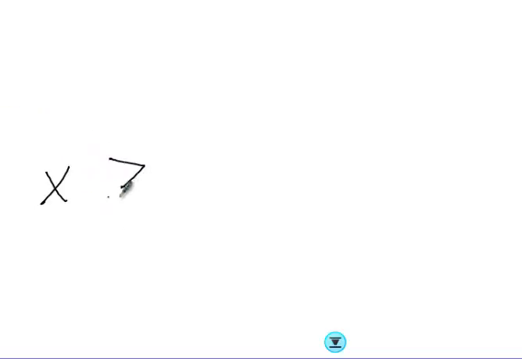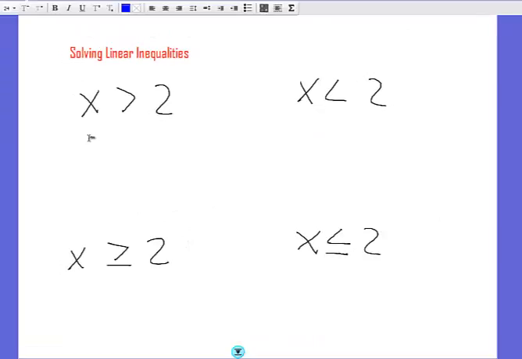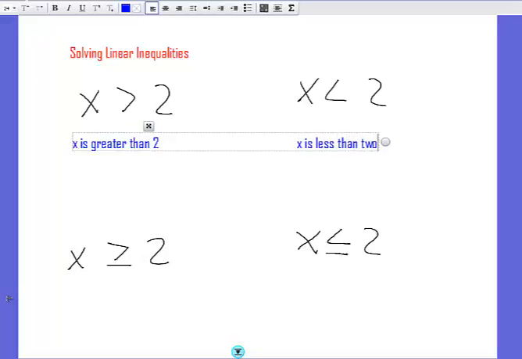We wanted to beat it. But you could have x is greater than or equal to 2. And likewise, you can have x is less than or equal to 2. The way we read these: x is greater than 2. X is less than 2.